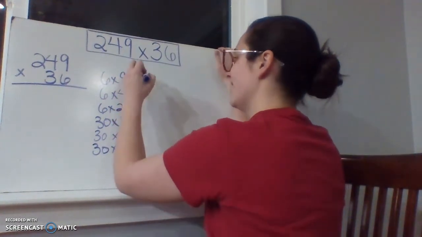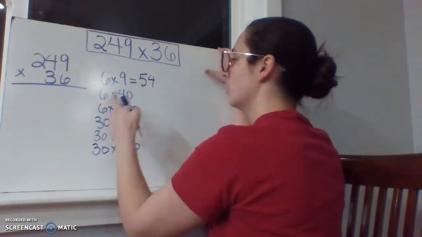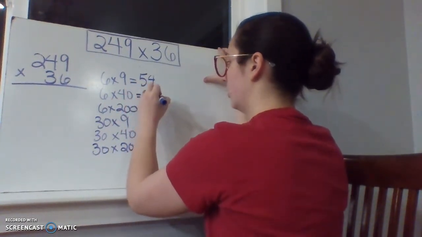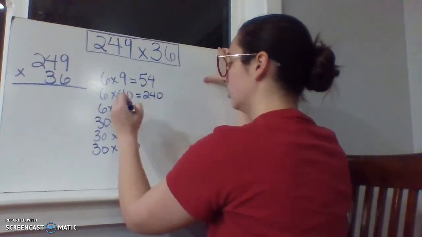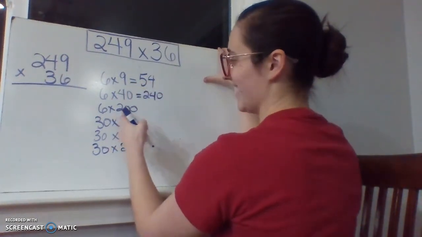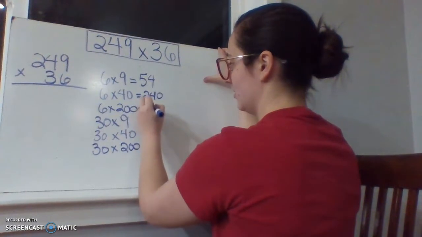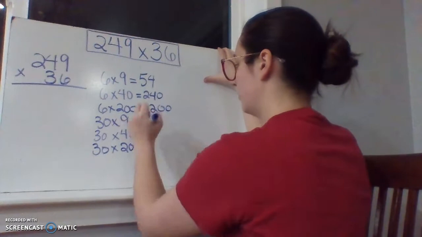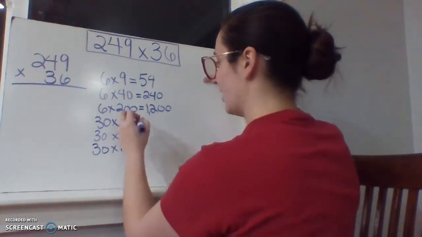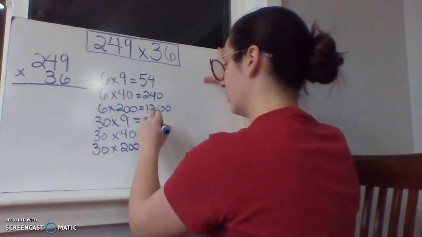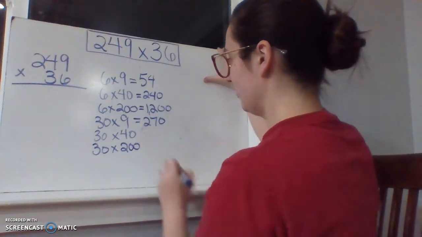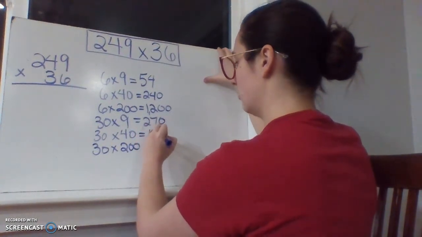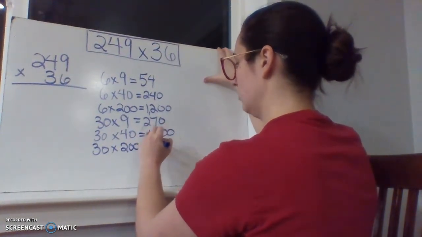So 6 times 9 is going to give me 54. 6 times 40 is going to give me 240. 6 times 200 is going to give me 1,200. 30 times 9 is going to give me 270. 30 times 40 is going to give me 1,200 as well.